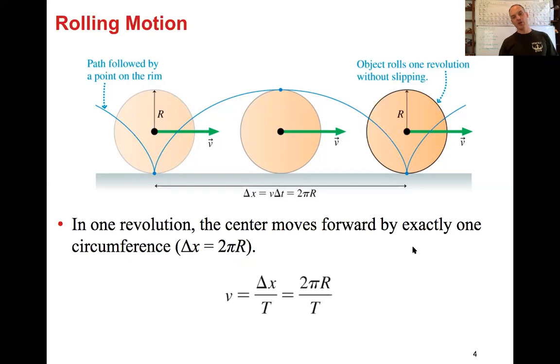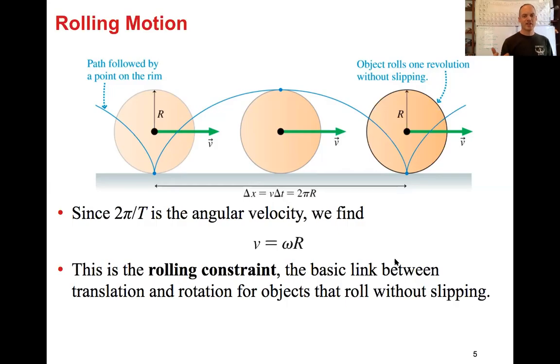Well, if we know that it's moved one circumference, that's your delta x. Your delta x is equal to the circumference, making one complete rotation, so your delta x is really equal to 2 pi r for that time. Okay, so that's velocity.